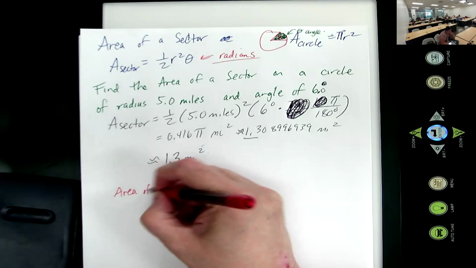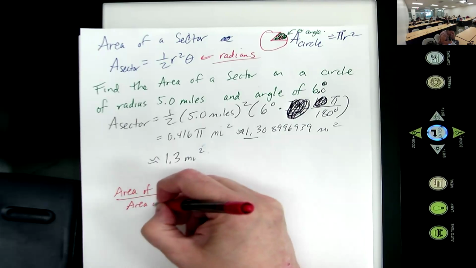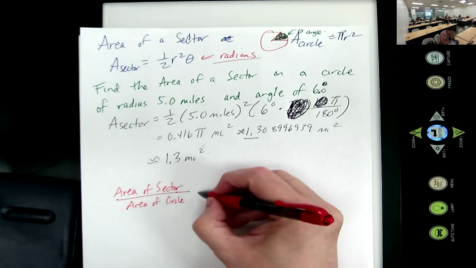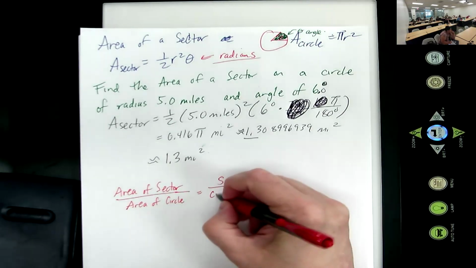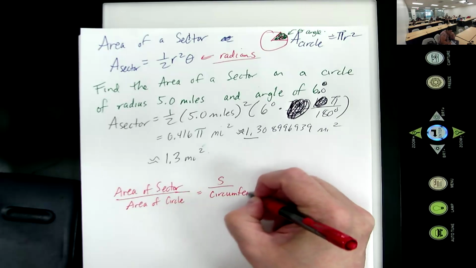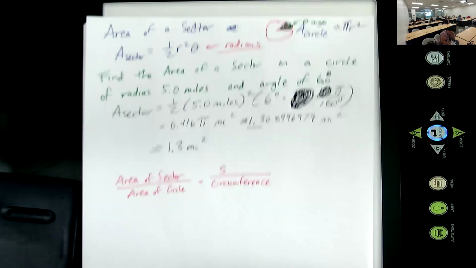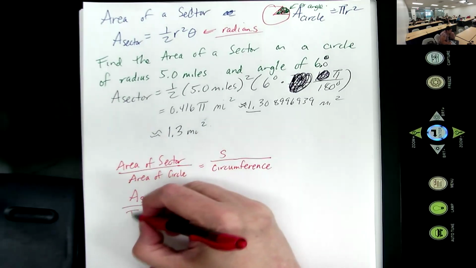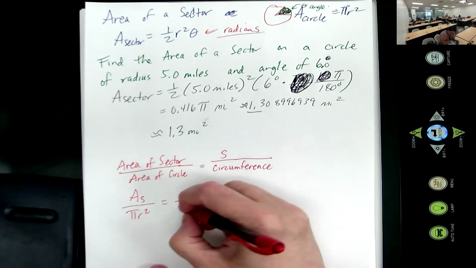Area of sector over area of circle, we're gonna compare that to S over circumference. These are both lengths on the outside, these are both areas. You have area of S over pi r squared equals r theta over 2 pi r.